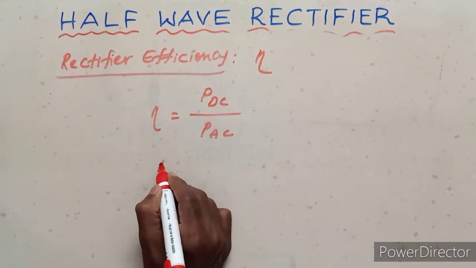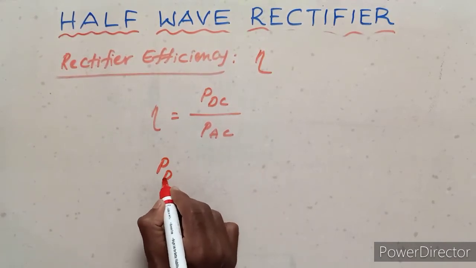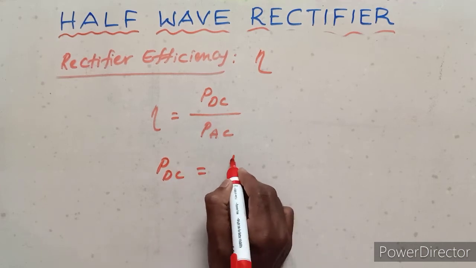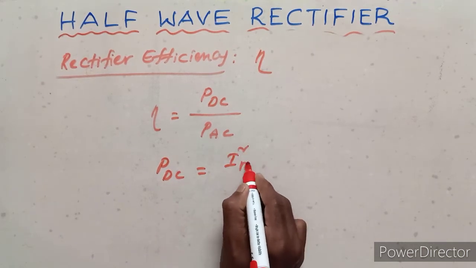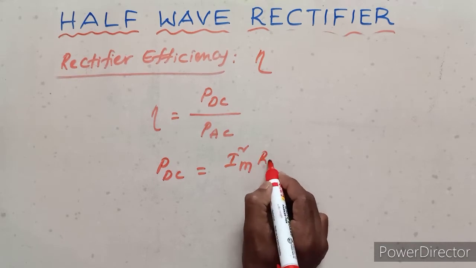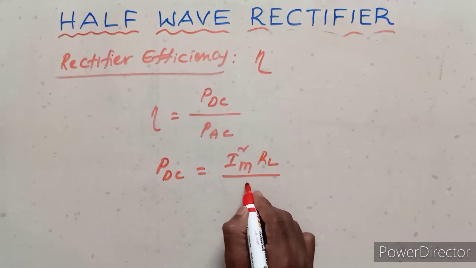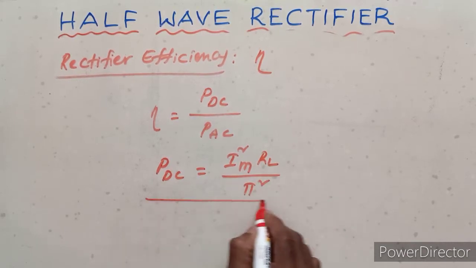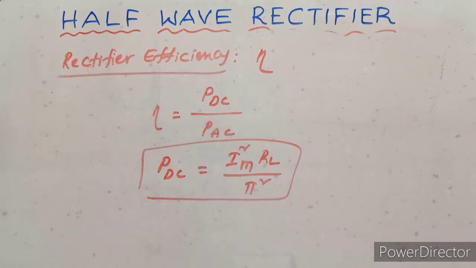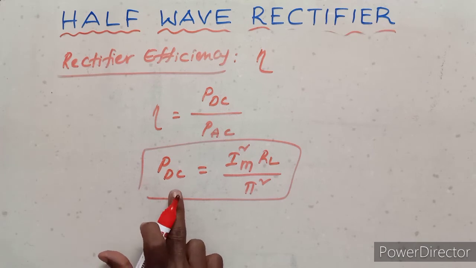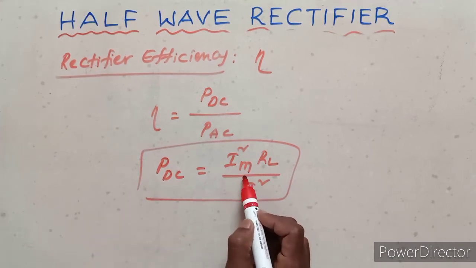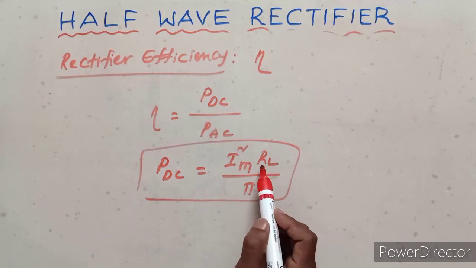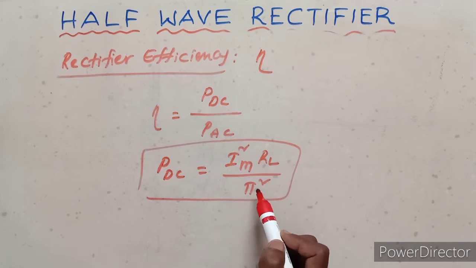But DC output power equals I square M RL upon pi square. This is the formula. DC output power equals I square M, the maximum current square, RL upon pi square.